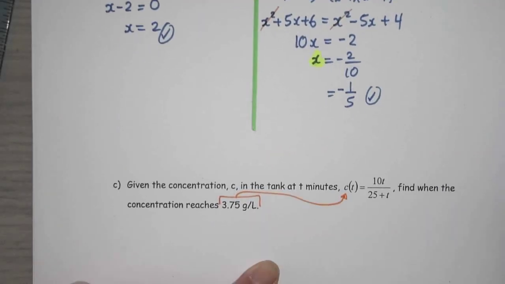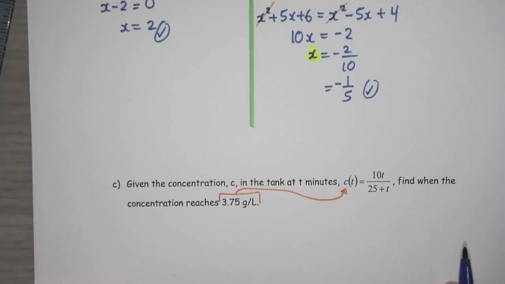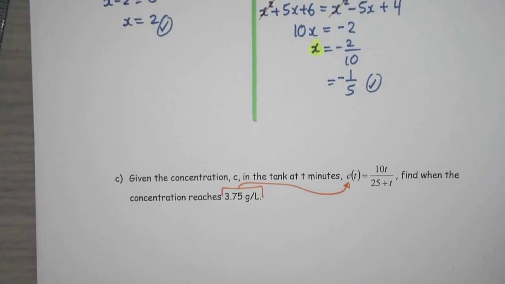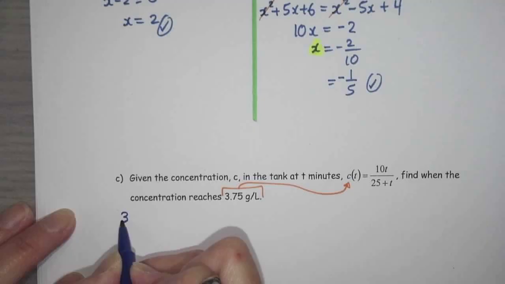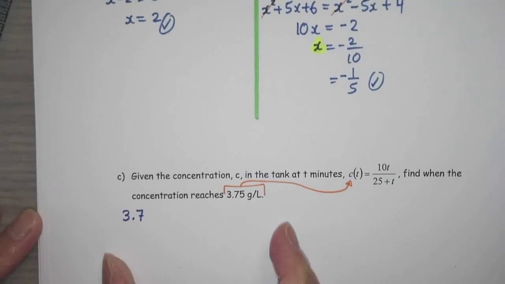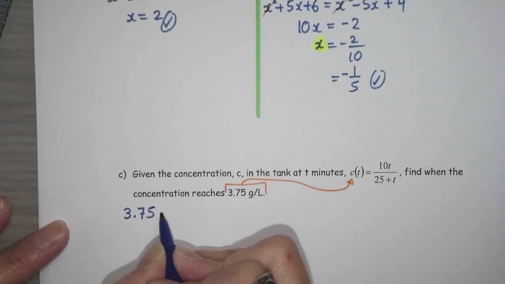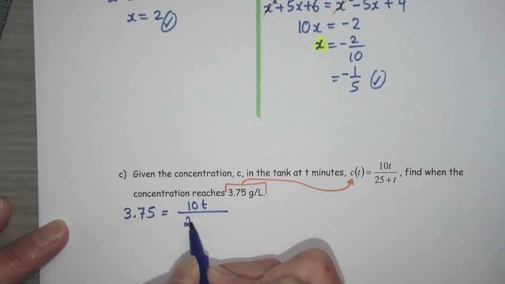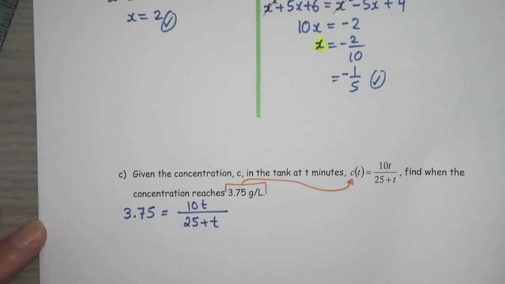Okay, so this question does have context, so we'll have to make sure we think about that a little. And we're going to say, okay, so 3.75 equals, it's not a long question, so I'm just starting it right here. So 3.75 equals, and we're going to go 10t over 25 plus t.